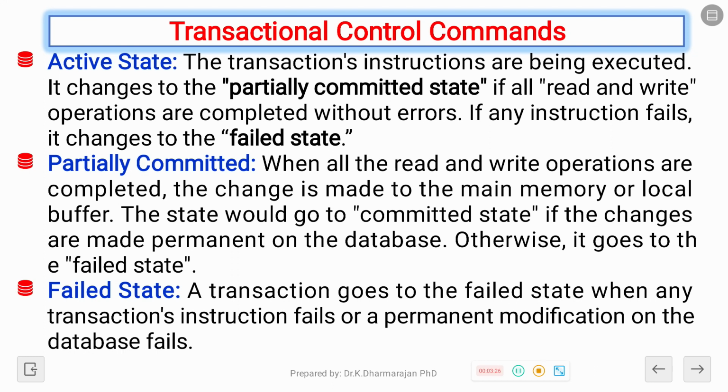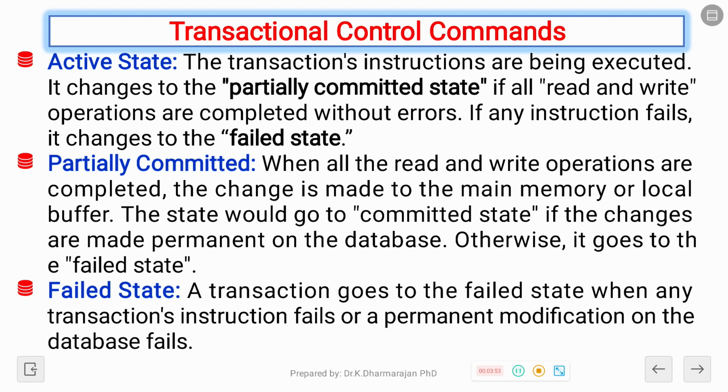If read or write operations are completed without error, it moves on; if an instruction fails, it changes to the failure state. We check whether the transaction is completed or not. So active state has two outcomes: the transaction is a success or the transaction is a failure.